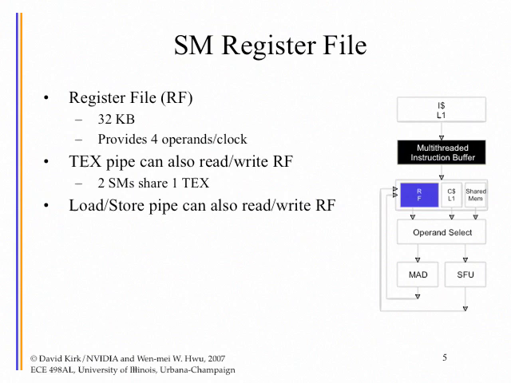Okay, so the register file can provide 4 operands per clock to each thread. So that's a lot of operands per clock. It's 8 times 4, that's 32 operands per clock, right?